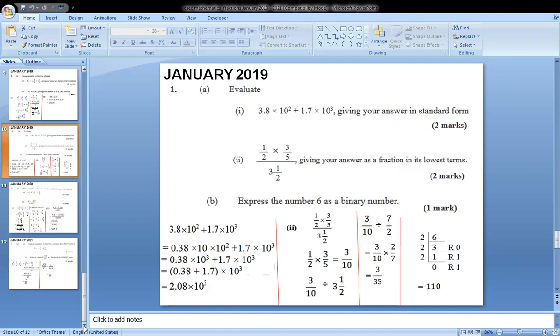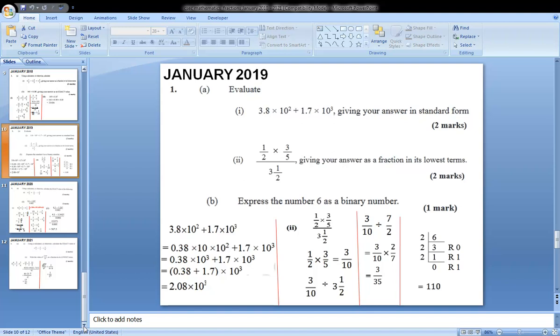All right, so 0.38 times 10 times 10 squared, because 0.38 times 10 would give us 3.8. So 0.38 times 10 squared, that is coming from our question, added to 1.7 times 10 raised to the cube. Now 0.38 times 10 cubed, because 10 times 10 squared would give us 10 cubed, and then we add 1.7 times 10 cubed.